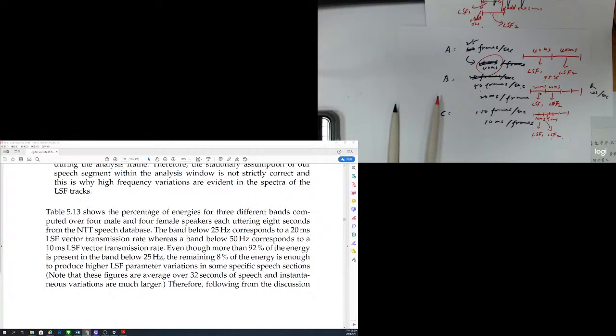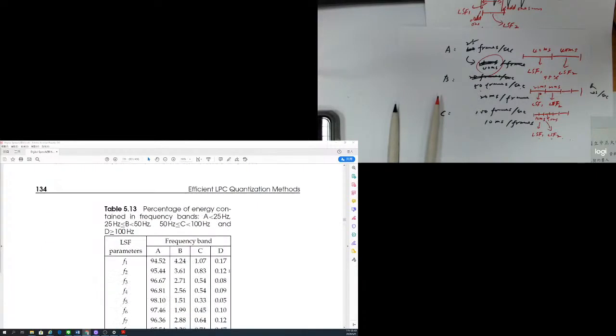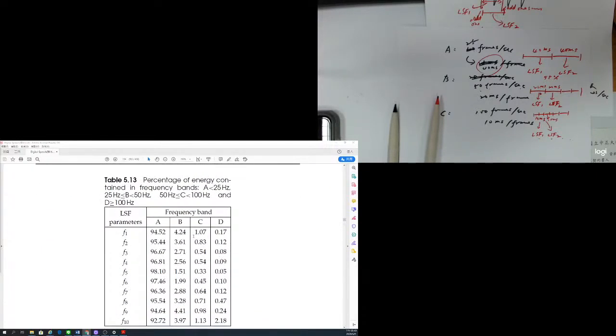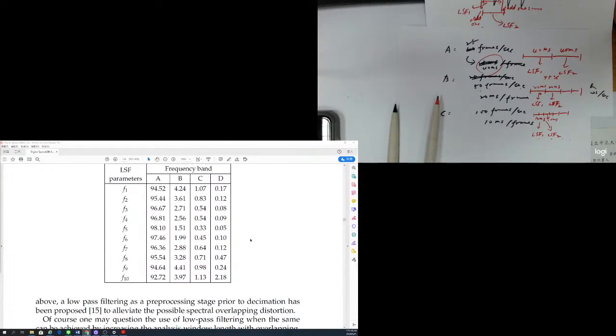So they show that if you are trying to do some quantization, it depends on your frame size. Sometimes there is some interference, because line spectrum frequencies also include some high frequency, but the volume is not so big.